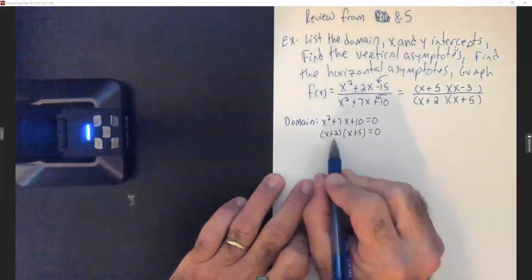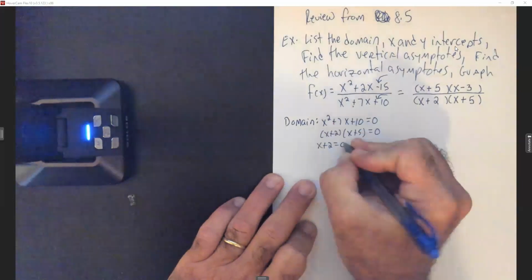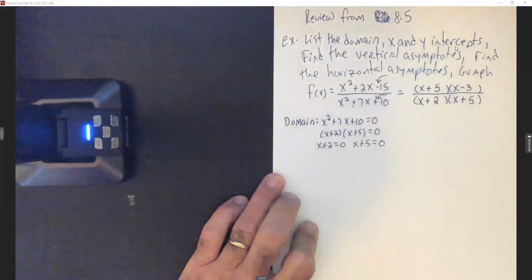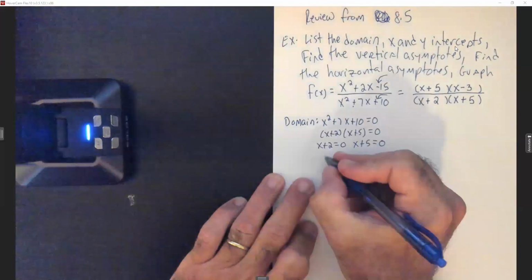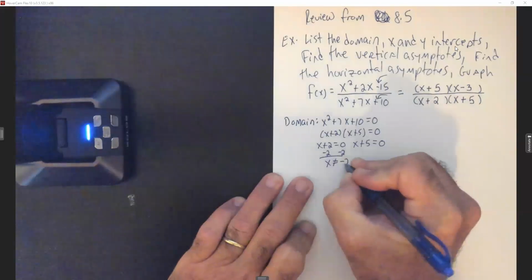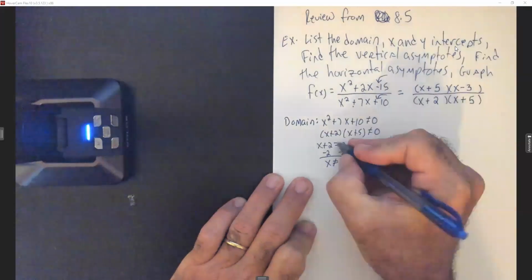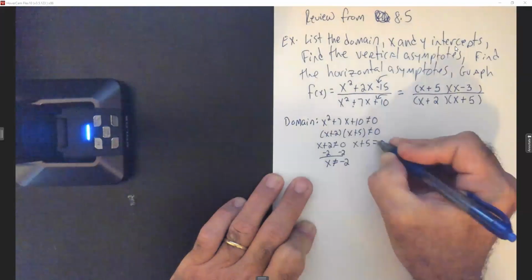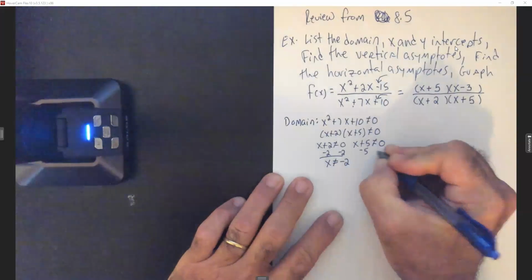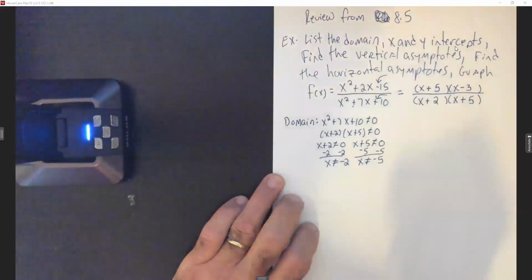And now to get the zeros, we set both of them equal to 0. So first equation, I'm going to subtract 2. So x cannot equal negative 2. Now remember, since I'm doing domains, I usually put not equals here, so I'll do that on all these. And then the other one would be x plus 5 cannot equal 0. So let me minus 5 on that one, and I get x cannot equal negative 5.